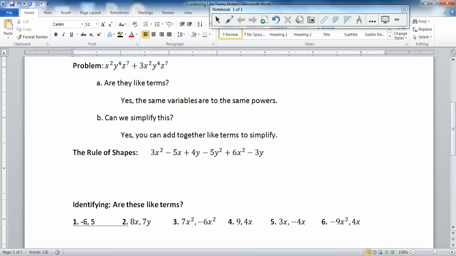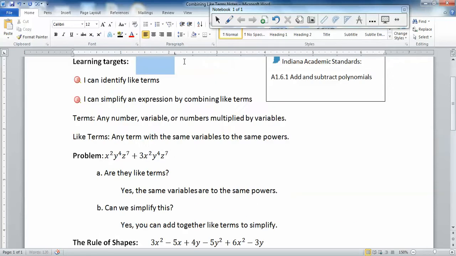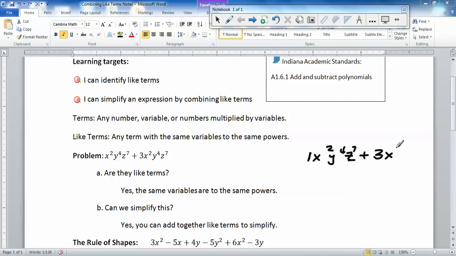Okay. In math, we like to condense things as much as possible because having this problem as it is, it's complicated, right? It's complex. I can simplify it. I can condense this. So what I'm going to do is take the problem, and you take the variables, keep them the way they are, so x squared y to the fourth z to the seventh, and then you add the numbers out front.